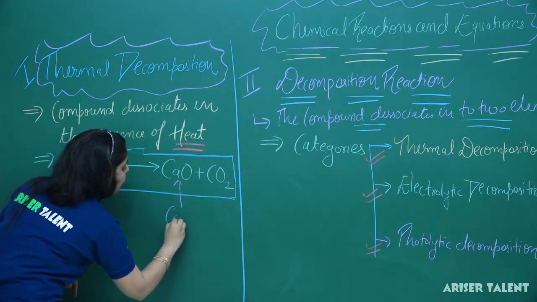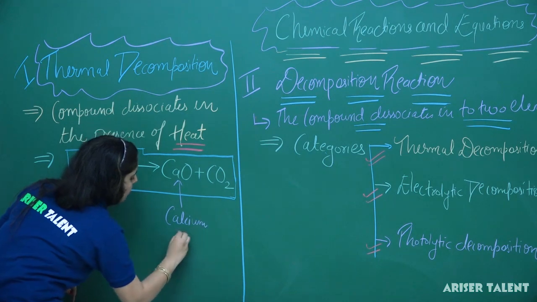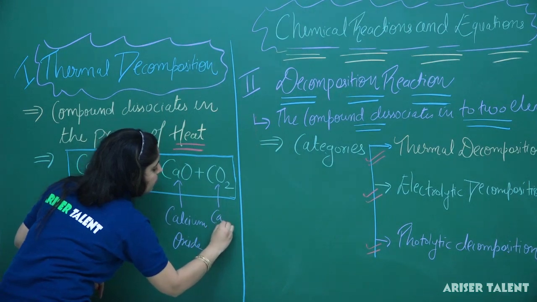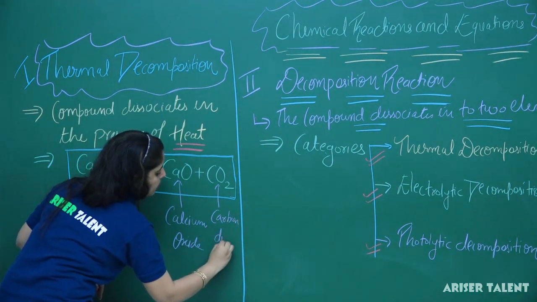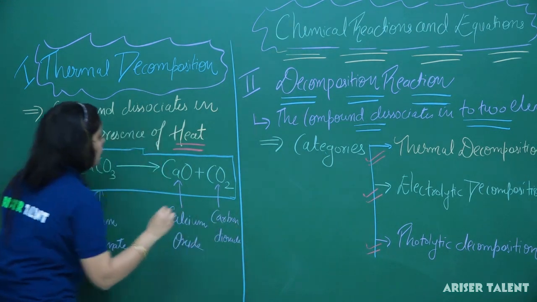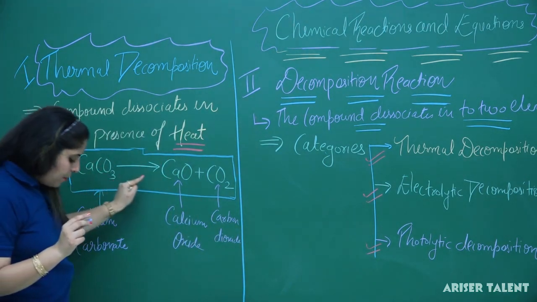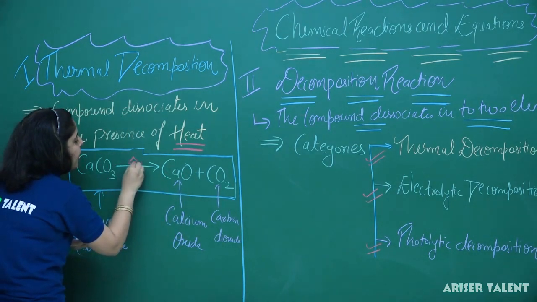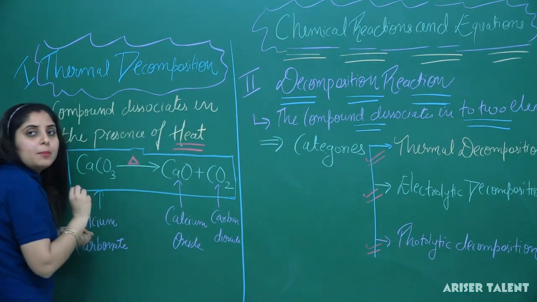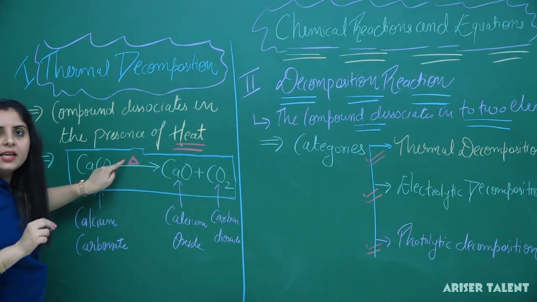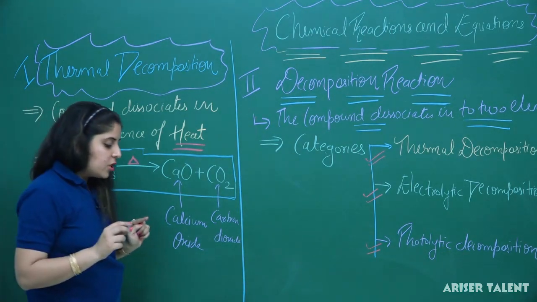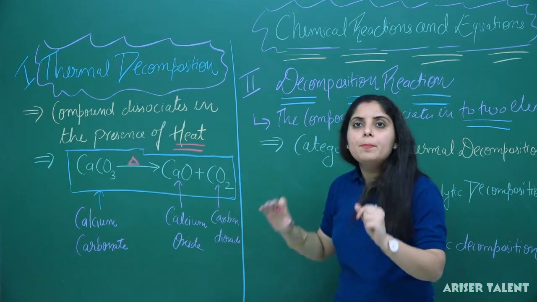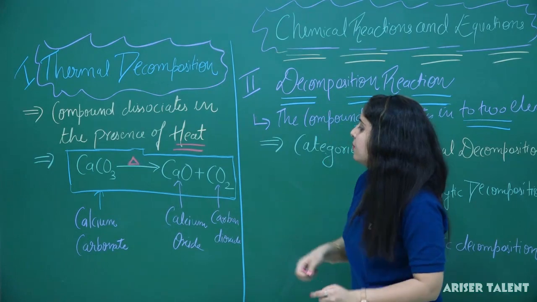CaO is calcium oxide, that is slaked lime. CO2 is carbon dioxide. So CaCO3 will get decomposed into calcium oxide and carbon dioxide only in the presence of heat, and this is known as thermal decomposition. The sign we have indicated here is for the thermal decomposition. So in shorthand notation, we can say that these reactions are accomplished only in the presence of heat.